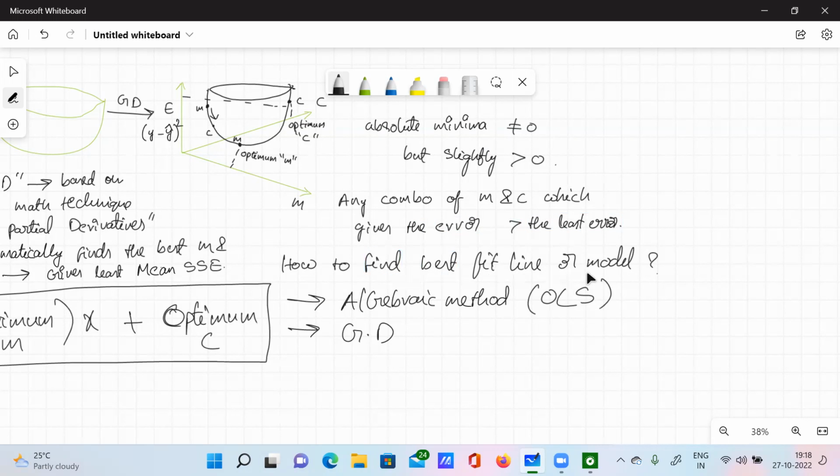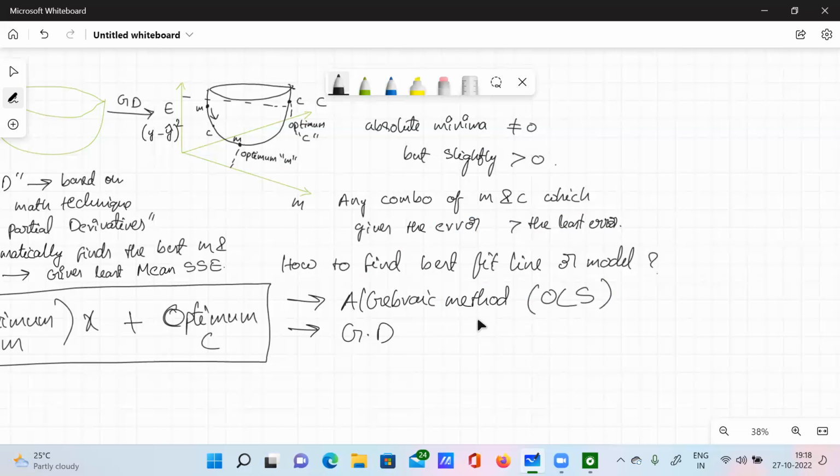So how to find the best fit line? I have already explained the two methods. One is the algebraic method. For this method, I have already told you the formula in the part 2 video of the linear regression. Have a look at that video, and you will get to know why I have avoided explaining this method. Why? Because it is not scalable.